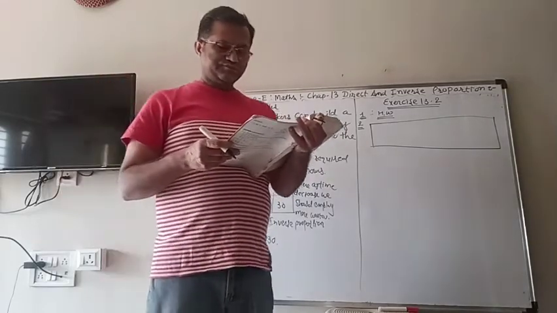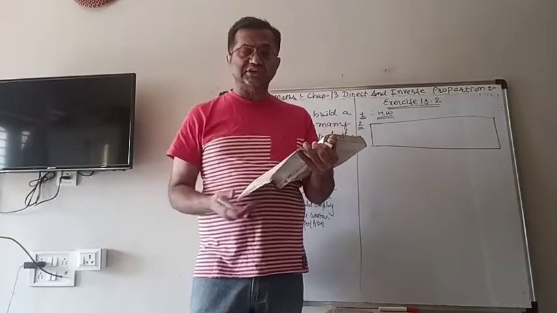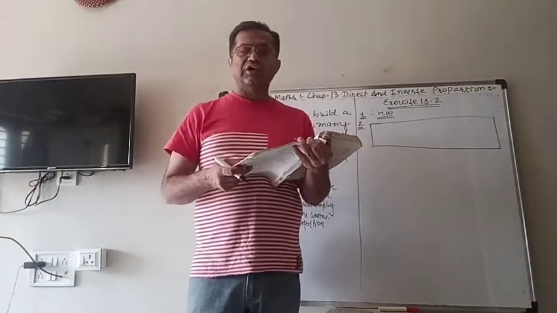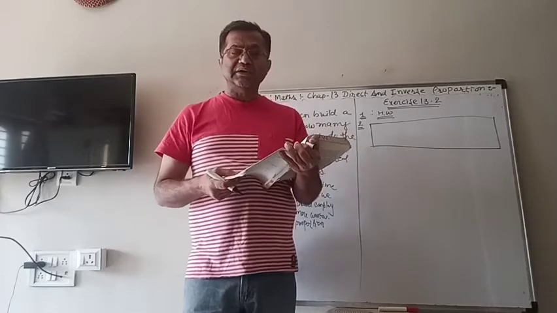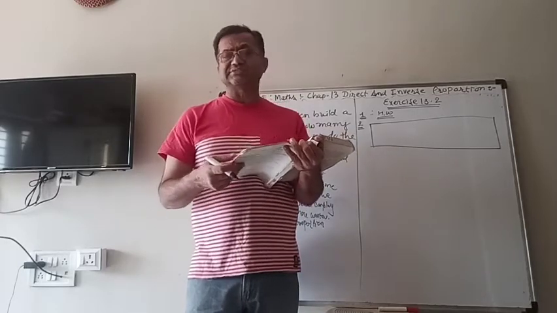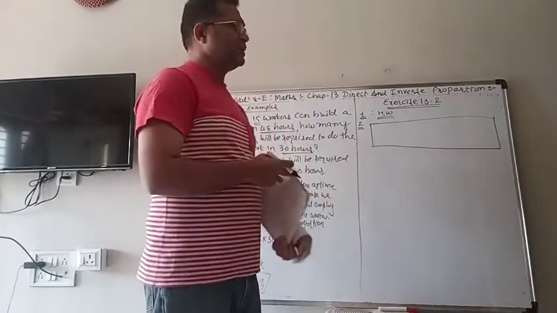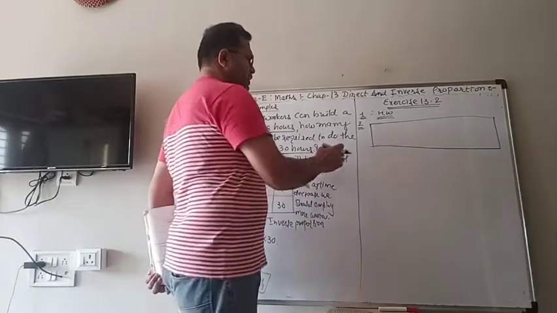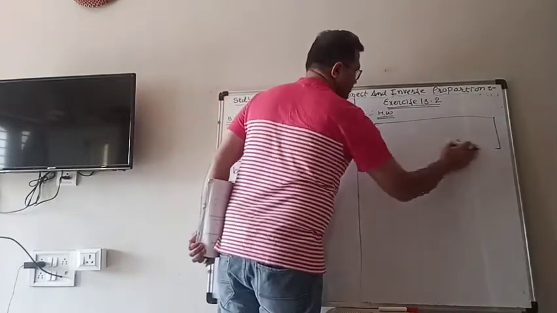So if the number of winners is increasing, then what will happen? The money they will get will be less. So here it will be the case of inverse proportion.